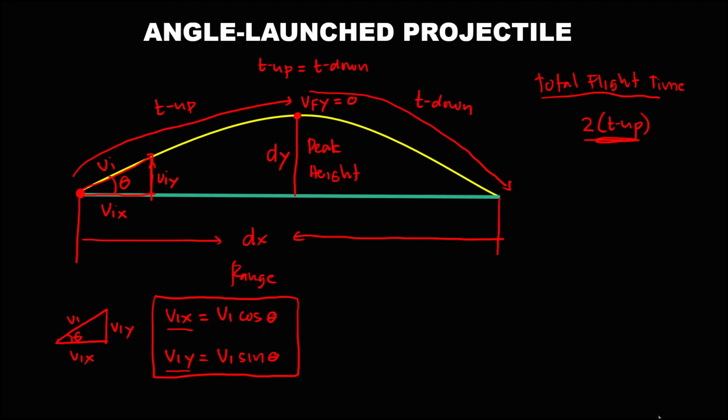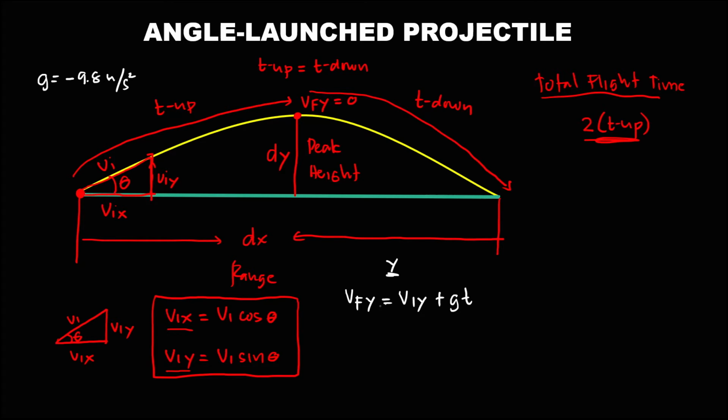Then we have these different formulas. Let's have first the formulas for y. That's the final velocity for y equals the initial velocity for y plus the gravity times the time. And take note that the gravity is constant, that's negative 9.8 meters per second squared.